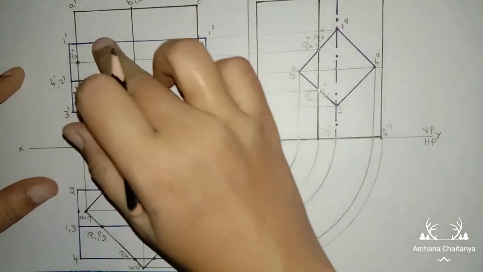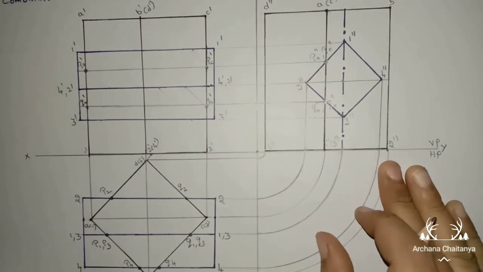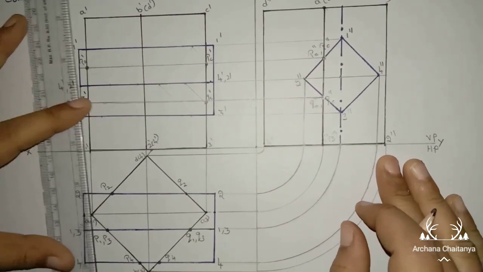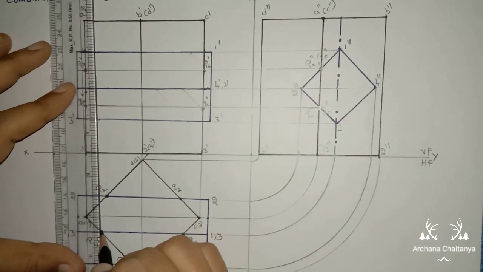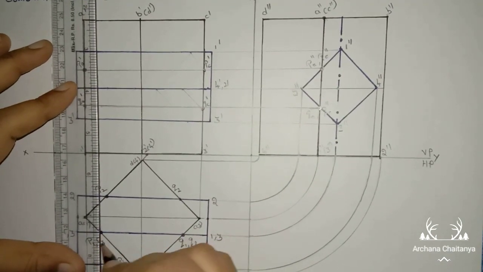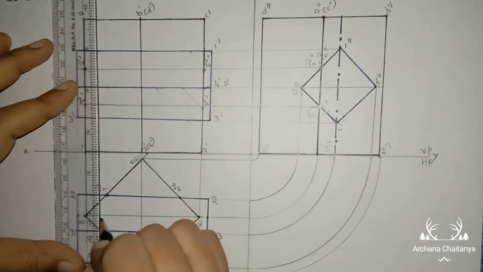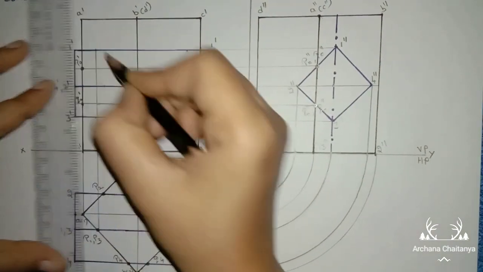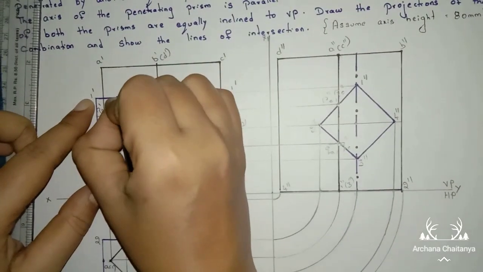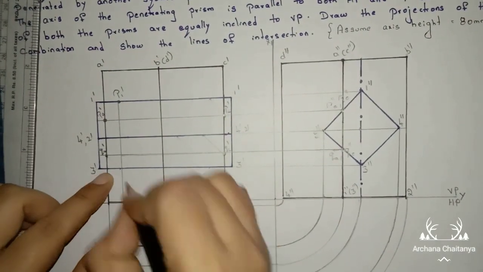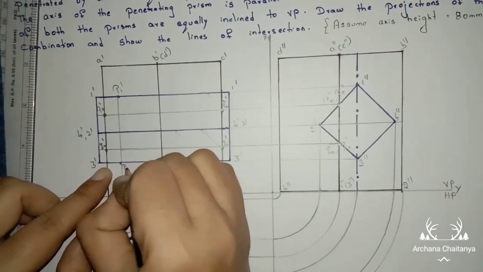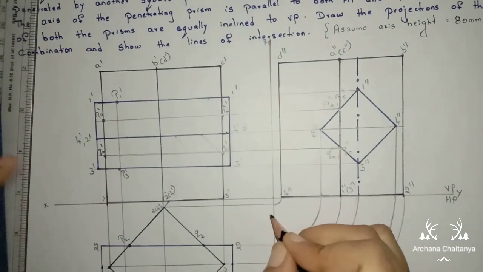Right, now join P2 to 2, P1, P3 like that. So let us see how you will get. So first P1, P3. From P1 if you draw the projectional line, see P1 to first point I will name this as P1 dash. Third point to third point I will name this point as P3 dash.